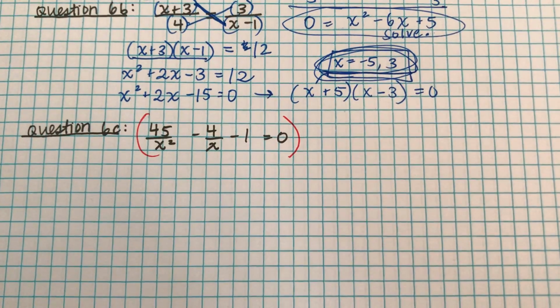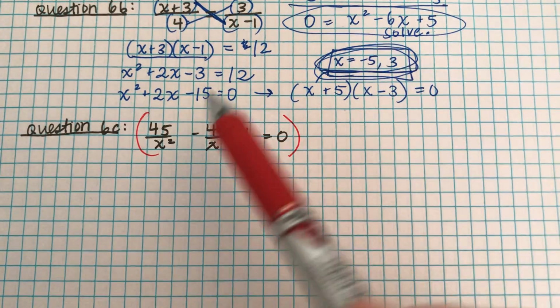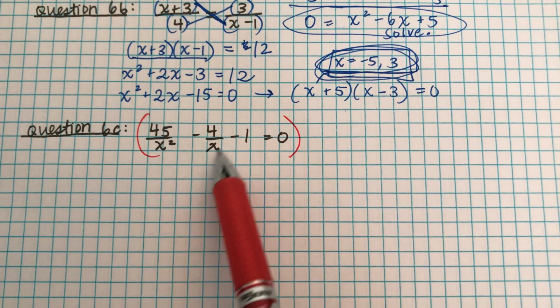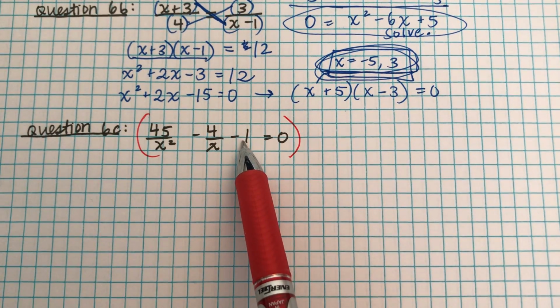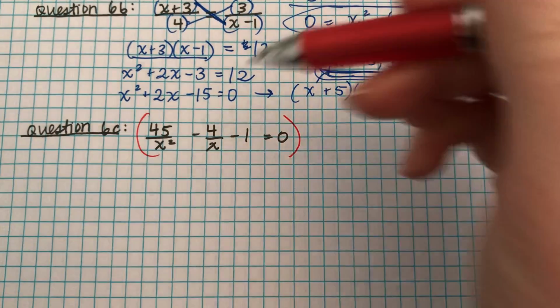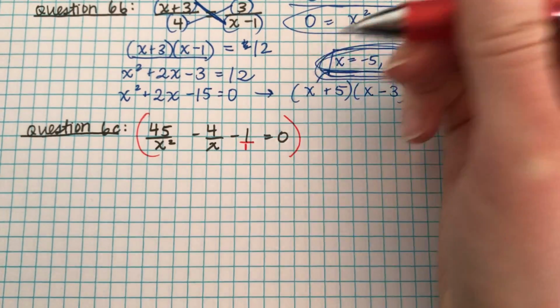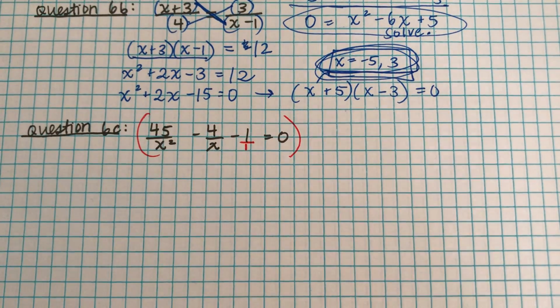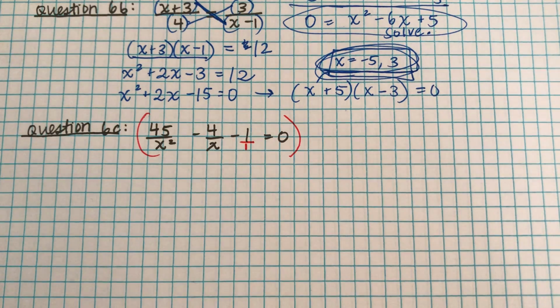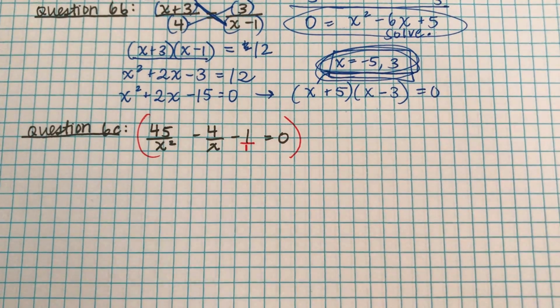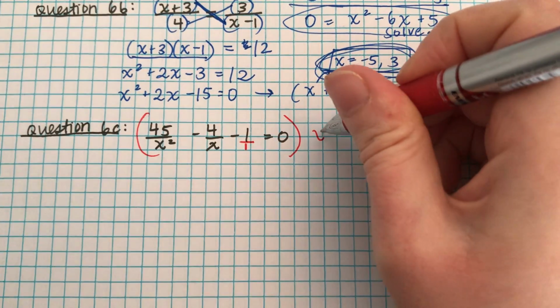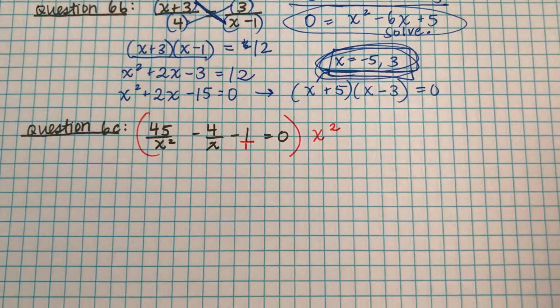So let's see. We want to basically find a common denominator here. And so what I'm going to do, imagine this has a denominator of 1, is multiply by the least common multiple, in order to basically get rid of all of those denominators that I have right there.